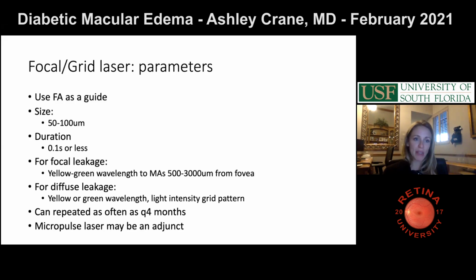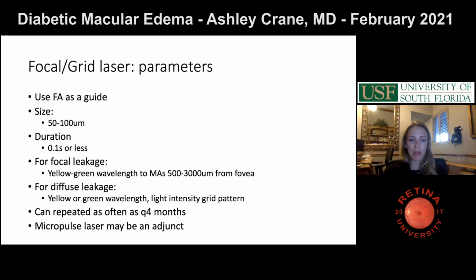The size should be starting between 50 and 100 micrometers, and I would start more towards 50. The duration should be 0.1 seconds or less. And you can use yellow-green wavelength. For focal leakage, it's really between 500 and 3,000 micrometers from the fovea. For diffuse leakage, you would use a light intensity grid pattern. And it can be repeated as often as every 4 months.